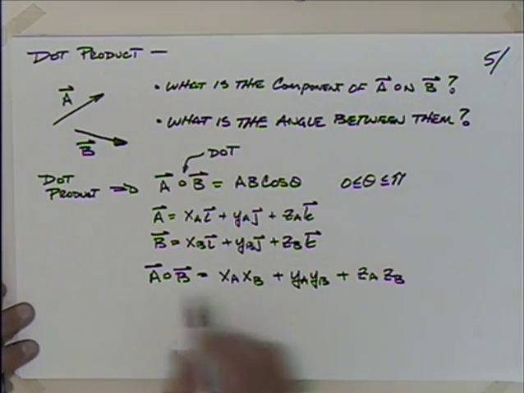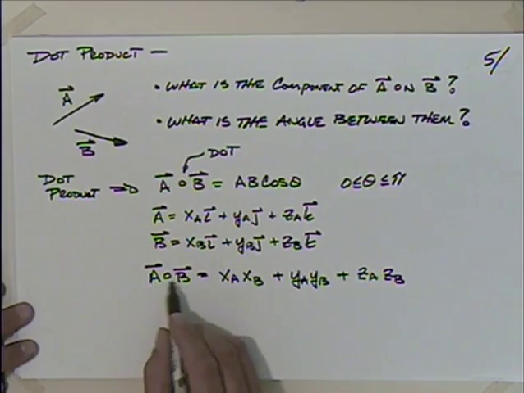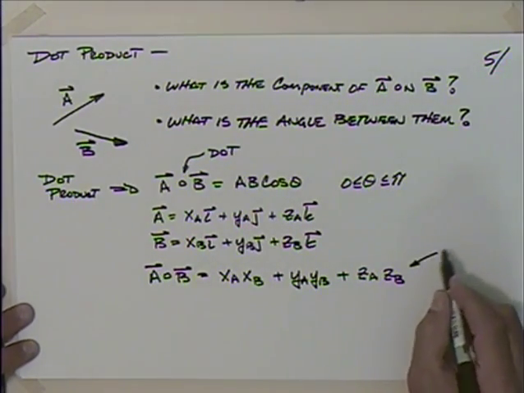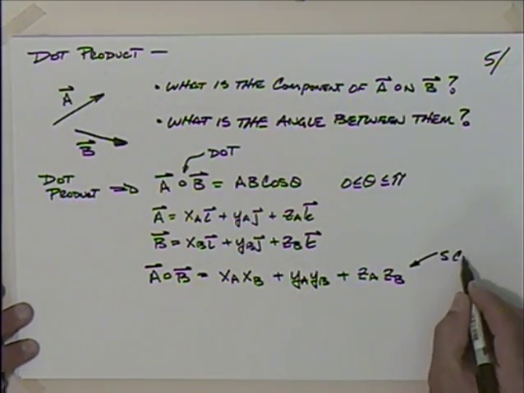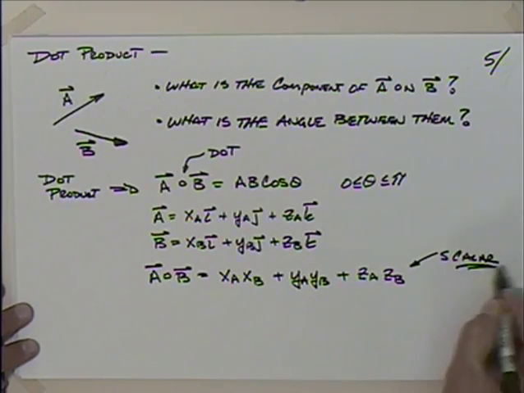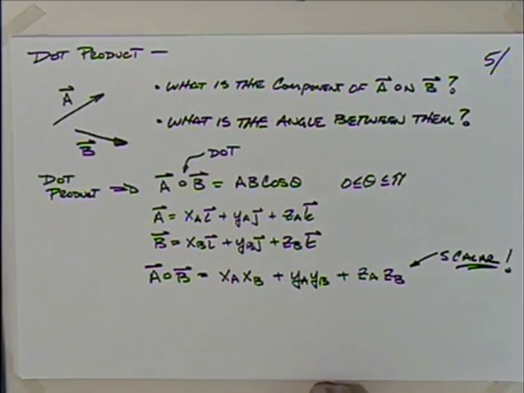The interesting thing is the dot product takes two vectors and gives you just a number. The result of the dot product is not a vector, it is a scalar.